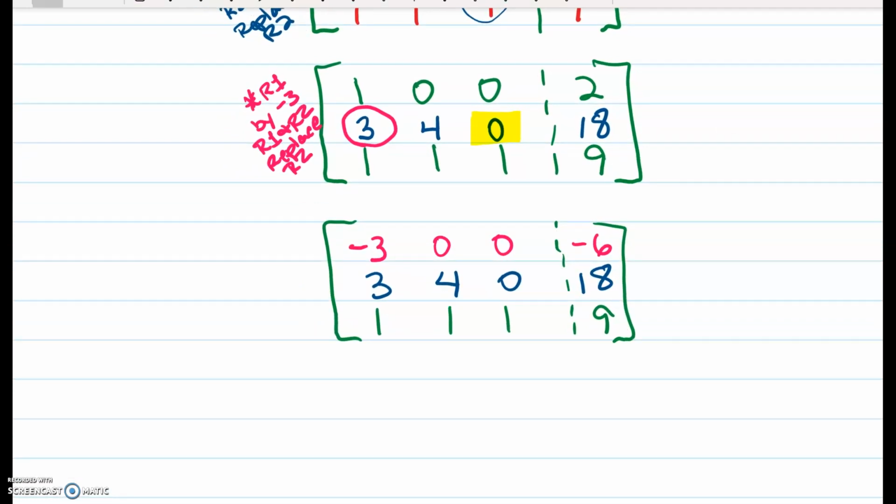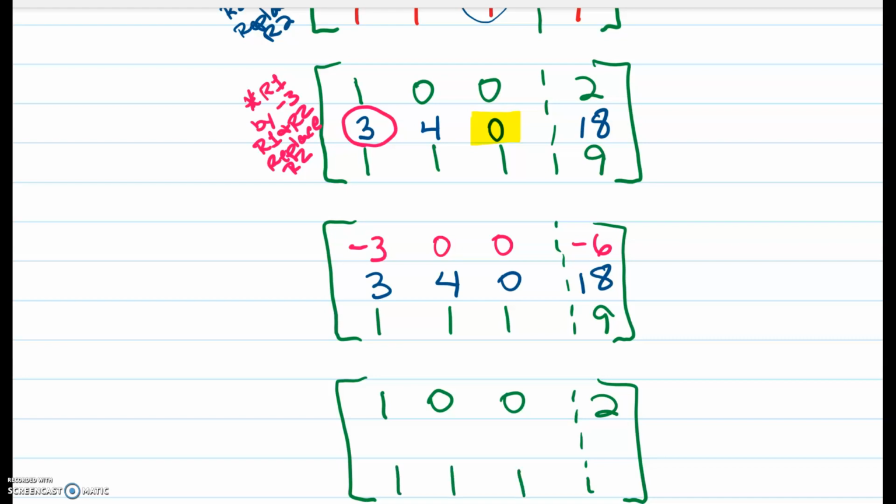Now, when I do this, I want to restore what row 1 was. Row 1 in that step before was this. And the third row, I'm not touching the third row at this point.